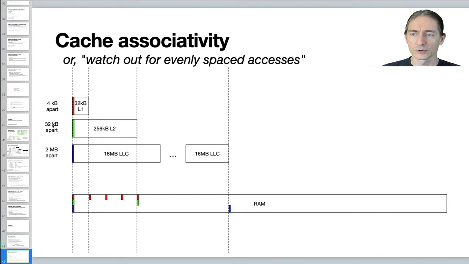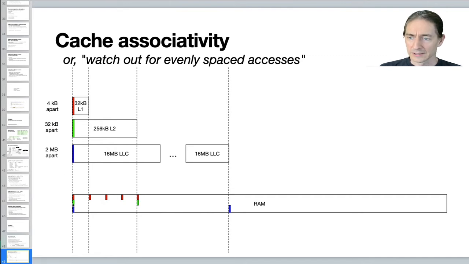Something similar is true for the 256 kilobyte L2. If we have an 8-way associative cache, then again, the spacing will be 32 kilobytes.